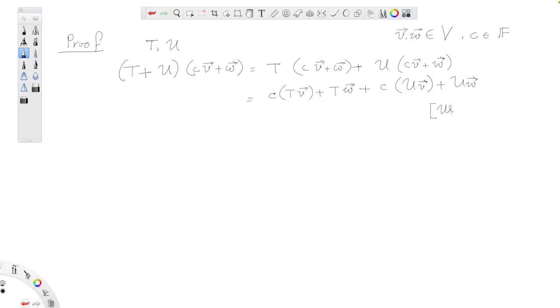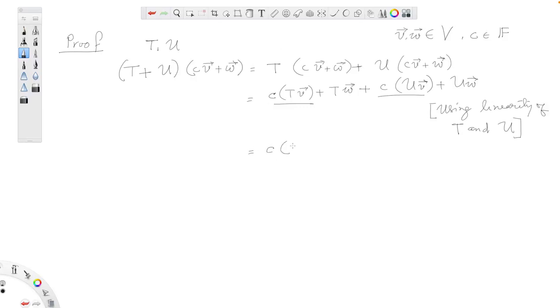And this we can do using linearity of T and U. So now we gather the terms containing c in their expressions.